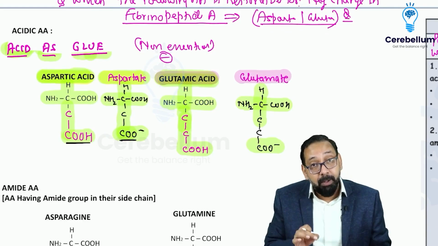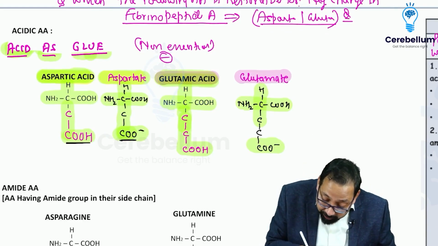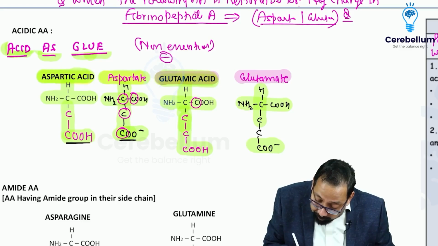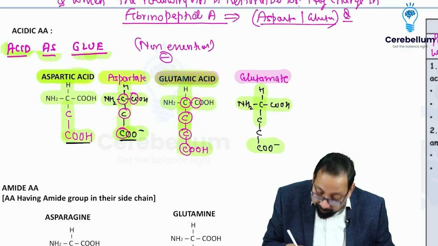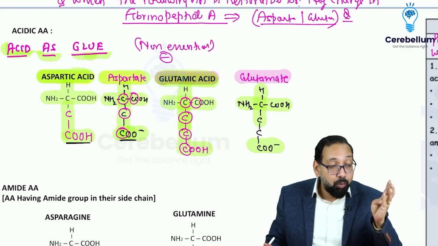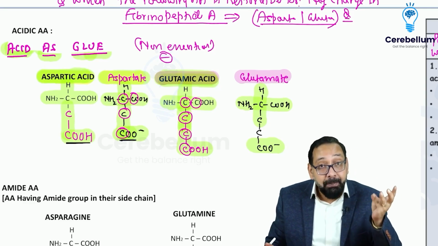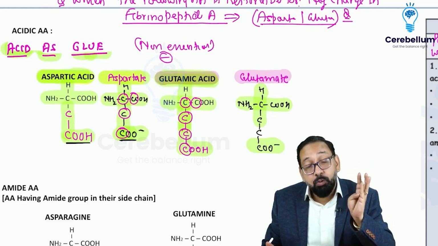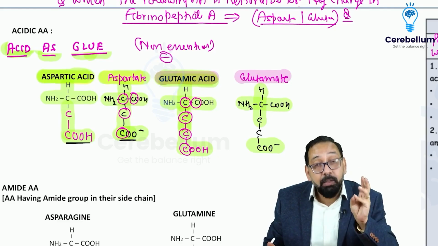Now you can remember that aspartate has 4 carbons: 1, 2, 3, 4. Glutamic acid has 5 carbons: 1, 2, 3, 4, 5. Remember, alpha ketoglutarate, glutamate, glutamine all have 5 carbons. Again, alpha ketoglutarate, glutamate, glutamine: 5 carbons.